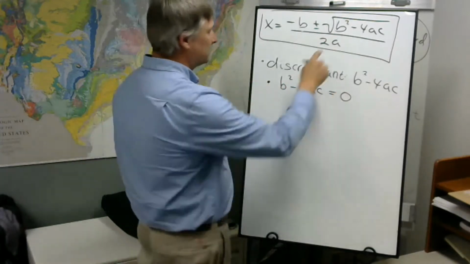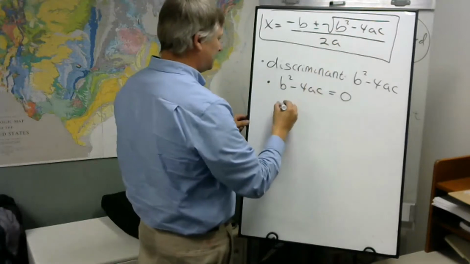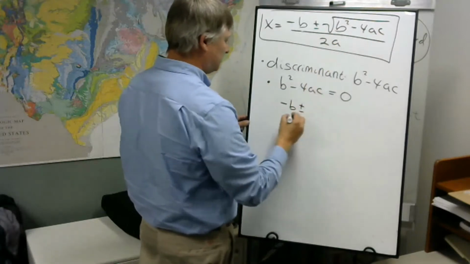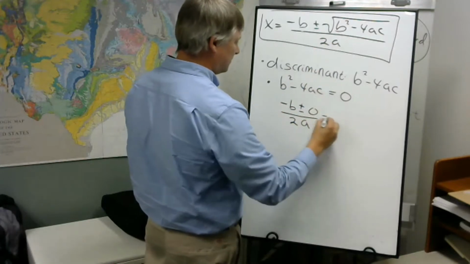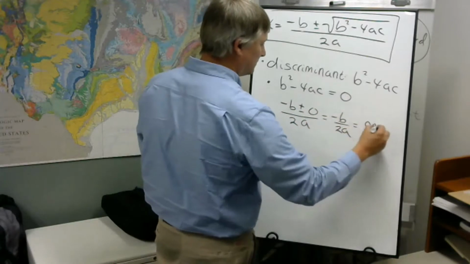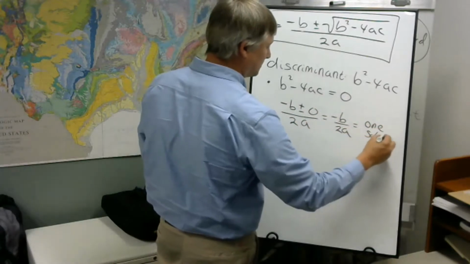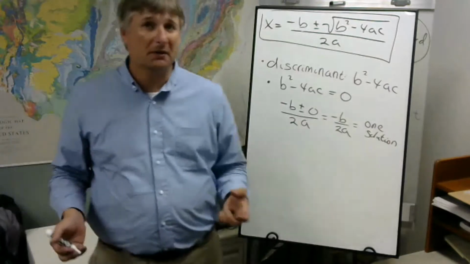When it's equal to 0, this square root is 0. So we just get minus b plus or minus 0 over 2a, which is minus b over 2a, which is 1 solution. We only get 1 solution in our set instead of 2.